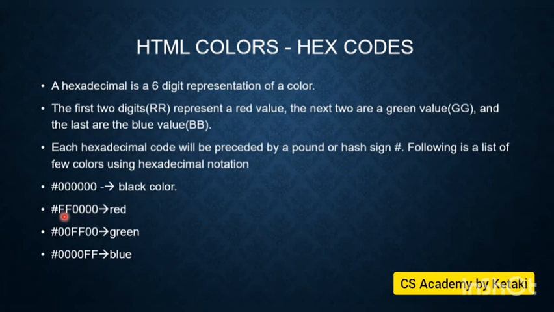In the hexadecimal notation, we use A, B, C, D up to F. To represent the red color, we use this hexadecimal code, and each hexadecimal code will be preceded by the hash sign. That's why we are writing it here. Green color is represented by using this, and blue color is represented by using this. By the combination of these three colors, we will get all remaining colors.